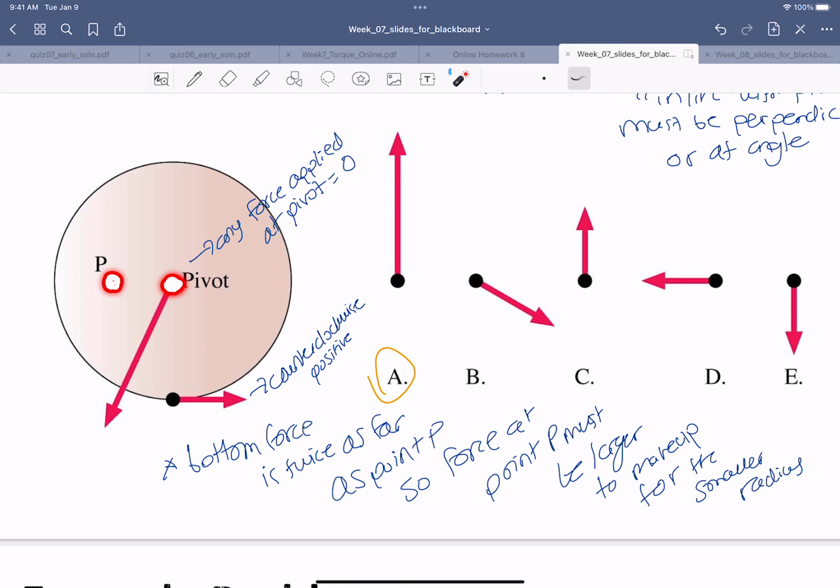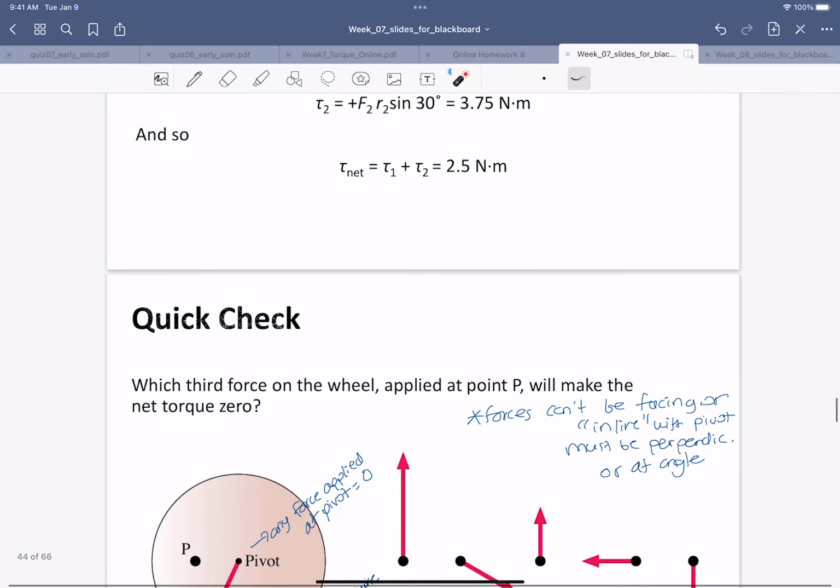So if I'm exerting a force at point P, then I have to draw a radius that intersects with that force. So it would literally be like this. Or if the force is here, for example, it'll be like this. That's how I would draw my radial line in the event that it's not given.